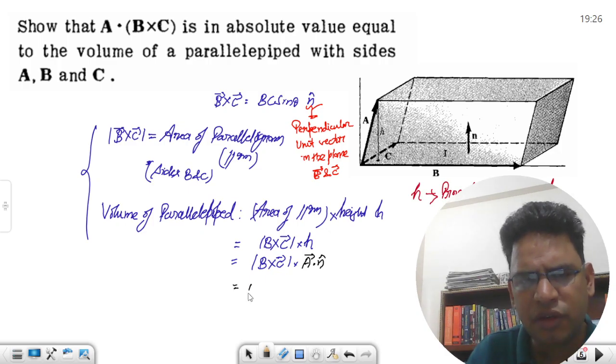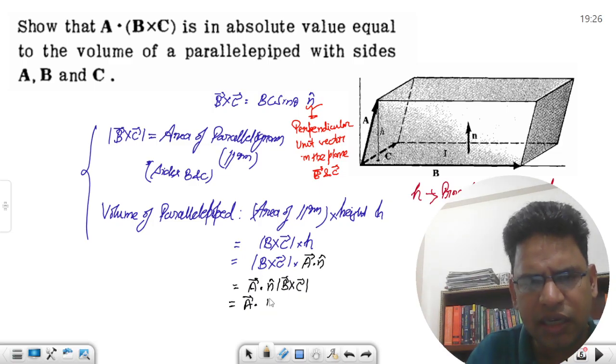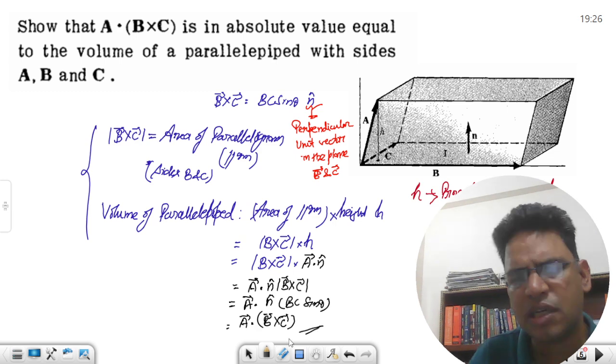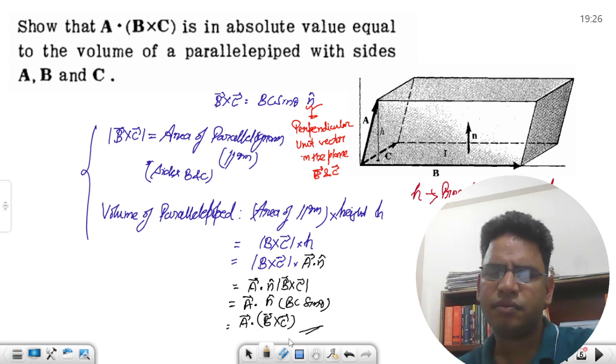Now a dot b cross c: n cap is the direction, and this is b c sine theta, if theta is the angle between b and c. It can be rewritten as a dot b cross c. This is the answer, as simple as it is.